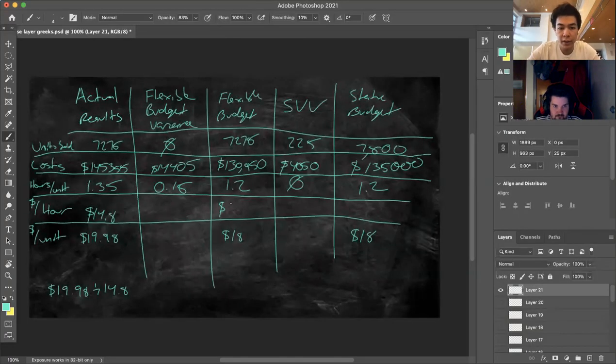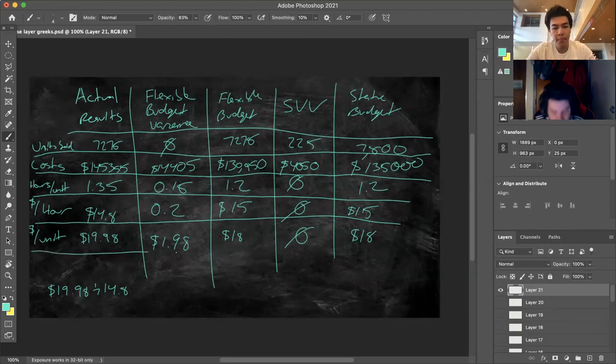Yeah, we get 15. And then we get 0.2, 1.98. And now that we have the cost per hour and we have the total cost, we can find the total hours.